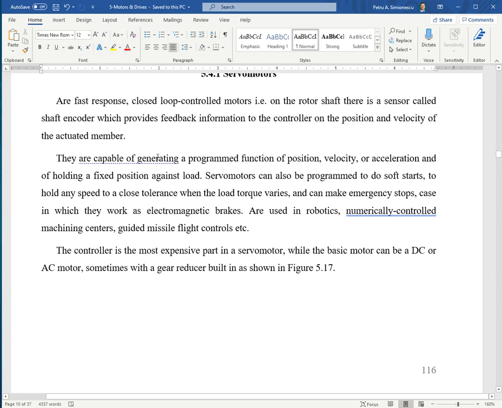So with these, you can program a function: smooth start, steady motion, and then coast down. Also used in other numerically controlled machine tools. You see them in large robots, or in controlling flight surfaces on unmanned aircraft or missiles.